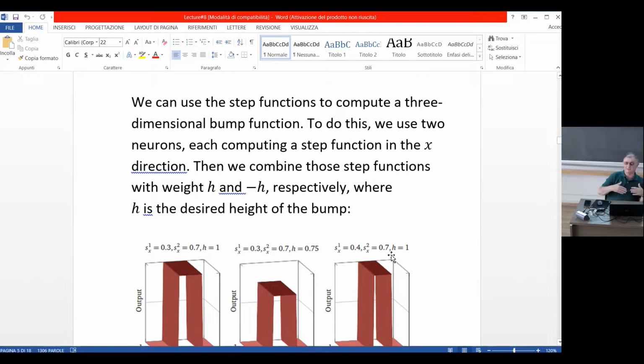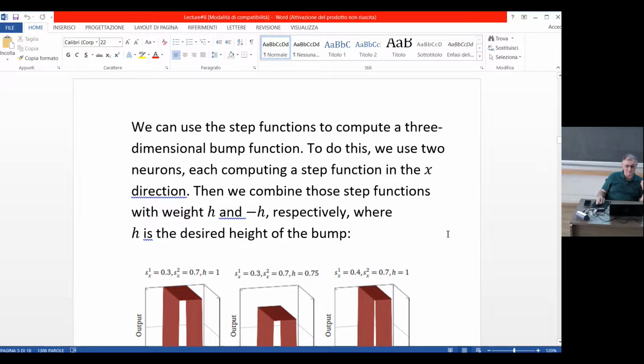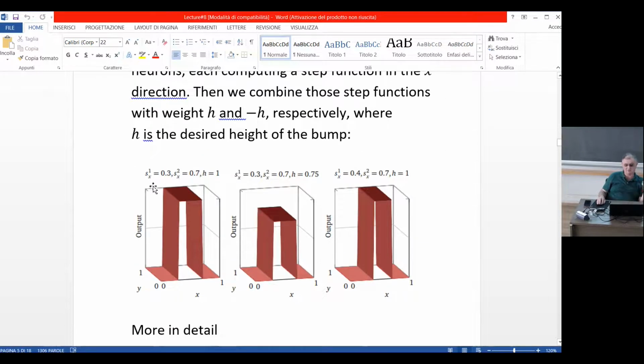Now we should construct the three-dimensional bump function like in the one-dimensional case. How do we do it? We add two step functions. One step with the weight h, and the second with weight minus h respectively. So we have, you see, for example this figure.